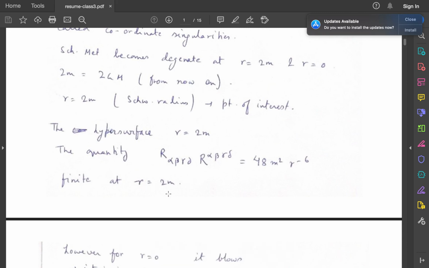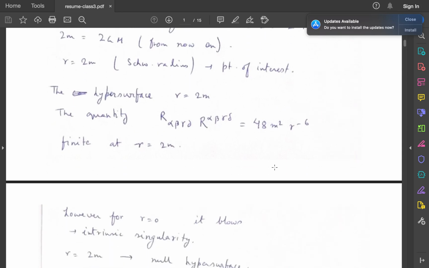So you see that at r equal to 2m this doesn't blow up. Although the metric blows up, this quantity doesn't blow up. So we can now say that r equal to 2m is a coordinate singularity which can be bypassed, or which can be managed with some change of coordinate system.